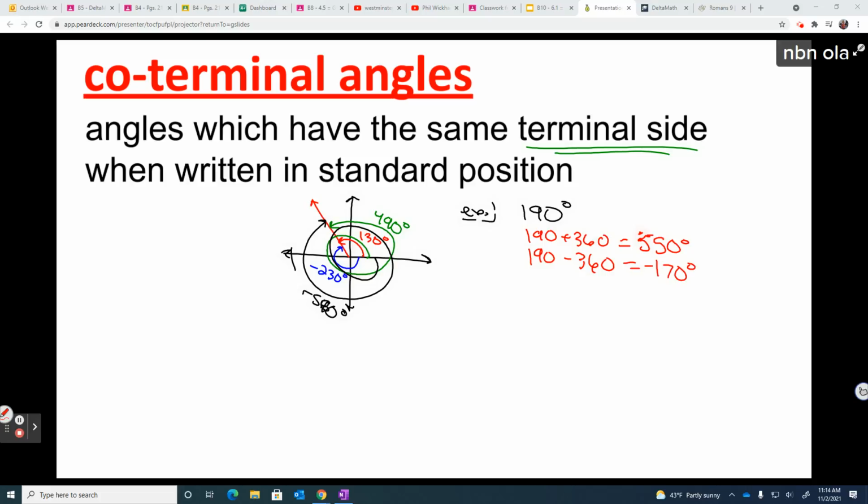Often what we're asked to do though, and you're going to do some problems like this on Delta Math, is we're given an angle. Let's say we're going to find the coterminal angle to, let's say, 800 degrees that is between 0 to 360.